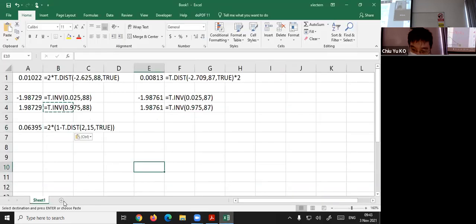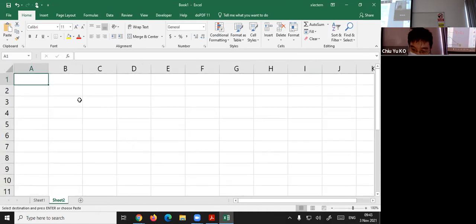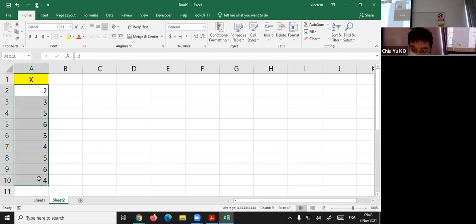Open a completely blank sheet. So this is X. Just randomly put some numbers here. I don't care what numbers, just put some numbers here. This is the data.